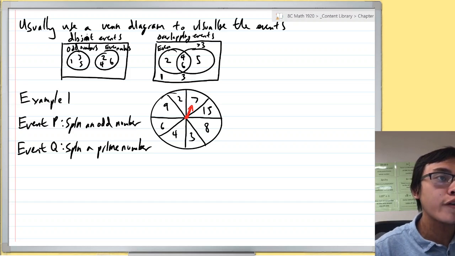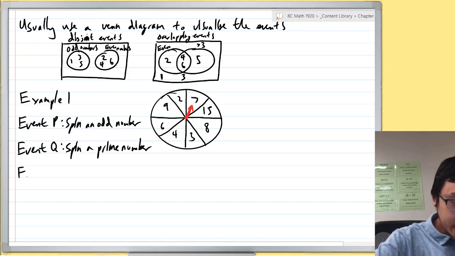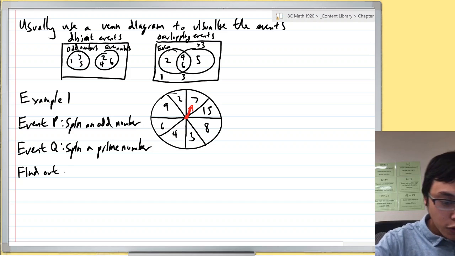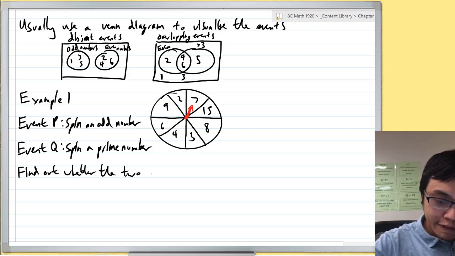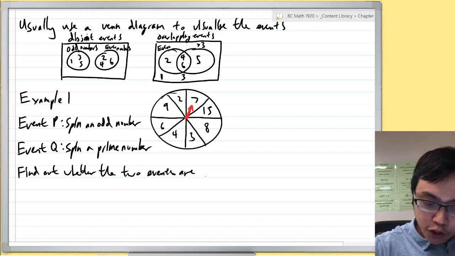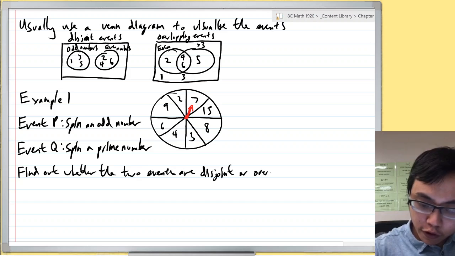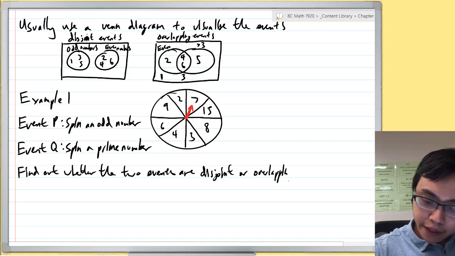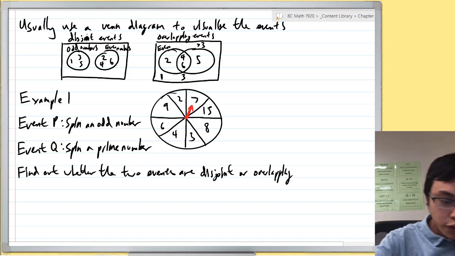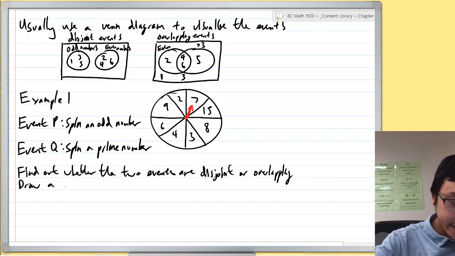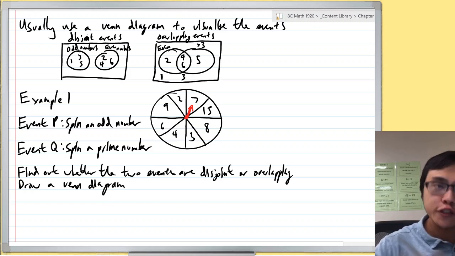We want to find out whether the 2 events are disjoint or overlapping. And then we also want to draw a Venn diagram to visualize.